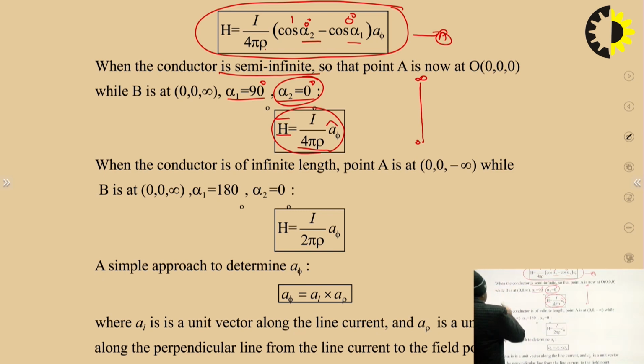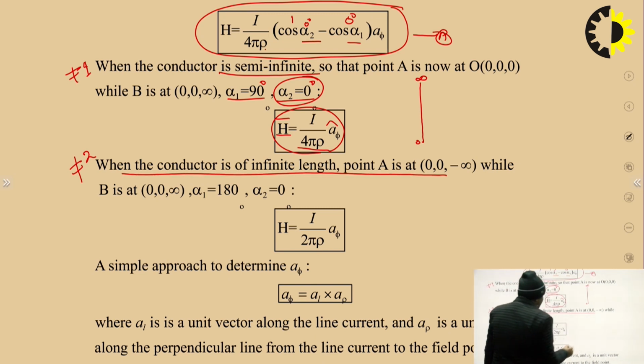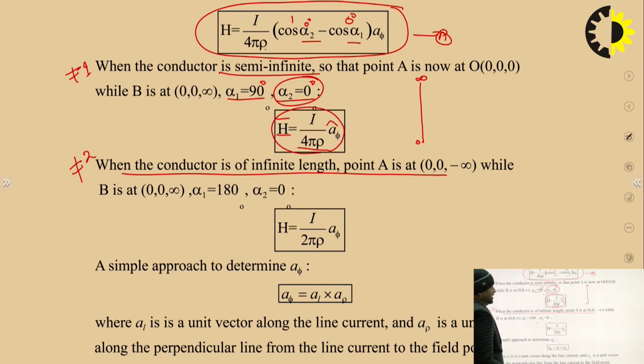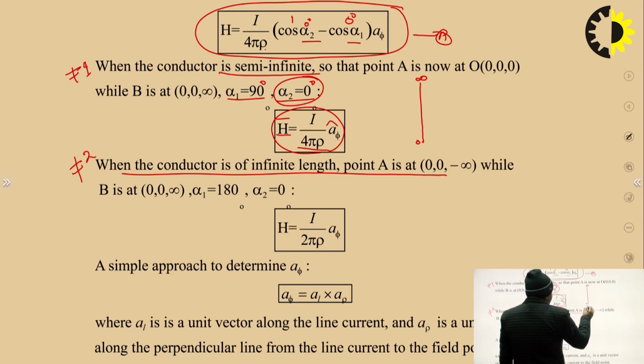So this is the first case we have defined here. In the second case, what is the second case? In the second case, the conductor is of infinite length. The first case is the semi-infinite. So what is the meaning of semi-infinite? So we take a current carrying conductor from origin to infinity.